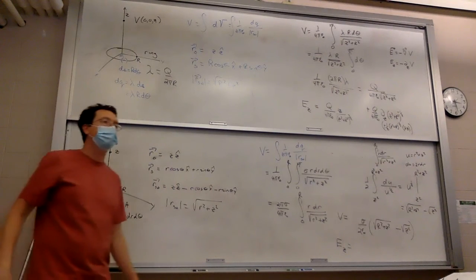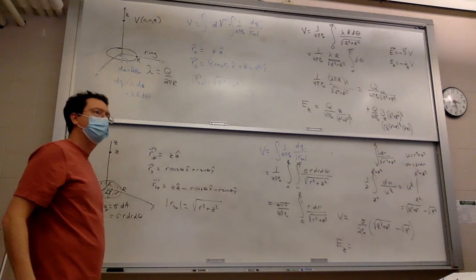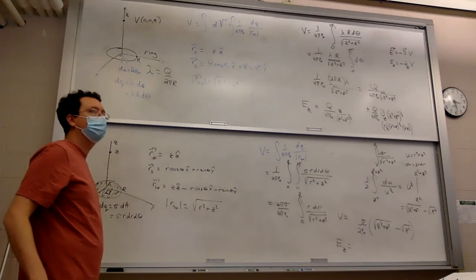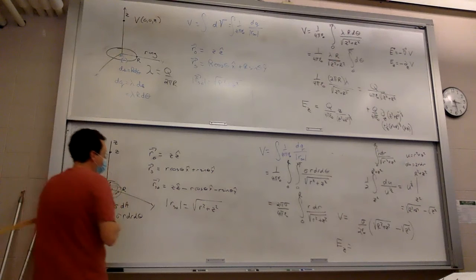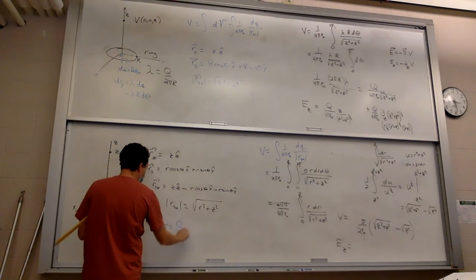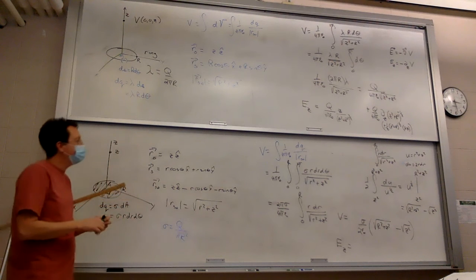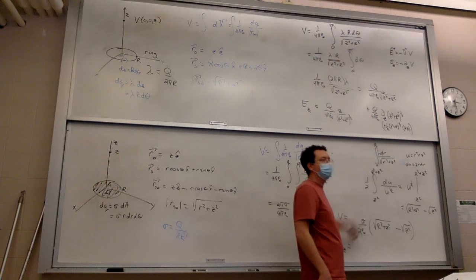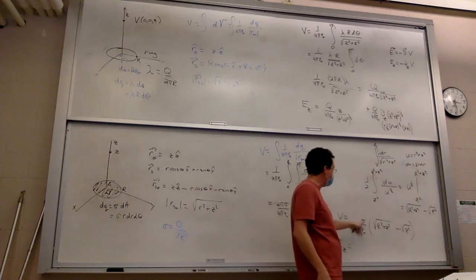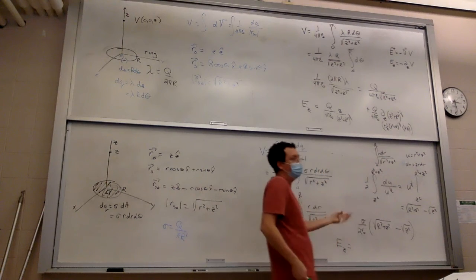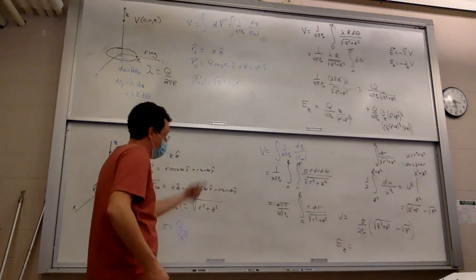I could write sigma as q, the total charge over the area. But I didn't. The reason is that when I worked out the electric field, I left it like this before. So by writing it this way, when you take the derivative, your answer will match what we found before. Cosmetically, you can change that.